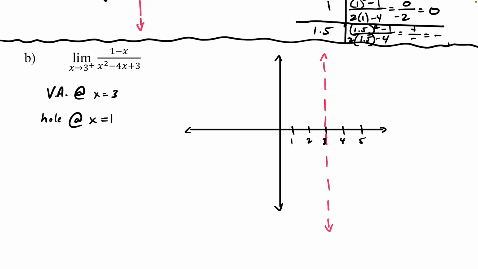So we're going to focus all of our attention on the right side. So I'm going to plug in 4, 5 to see where it's headed. Is it headed up or is it headed down? Remember, because there's a vertical asymptote here, you're either going to have positive infinity because it's going up, or negative infinity because it's going down. Only two options. Okay? So here we go.